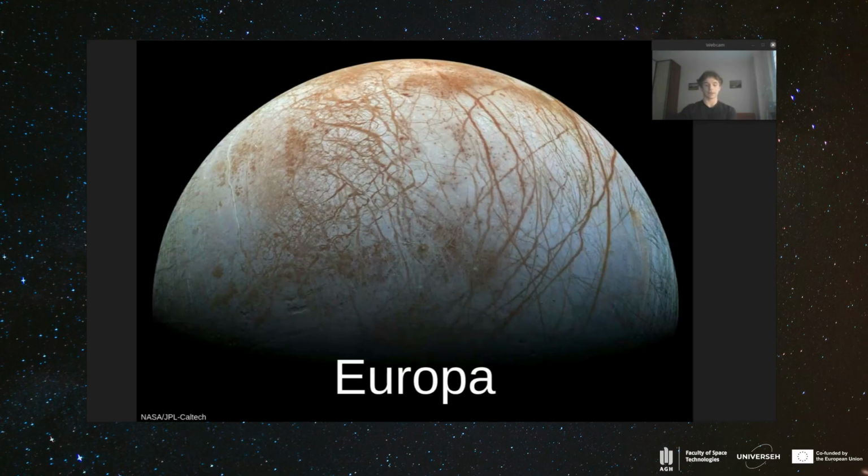However, the same as with the magnetic field of Ganymede, because of tidal heating, the remote heating from the gravity of Jupiter and other moons, the core of Europa is squished and extended, and the friction produces heat, which makes the water liquid. We also believe that there's twice as much water on Europa as there is on Earth, which is interesting because Earth is like 4 times as large.